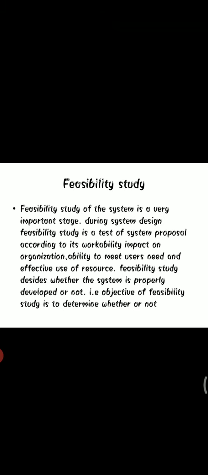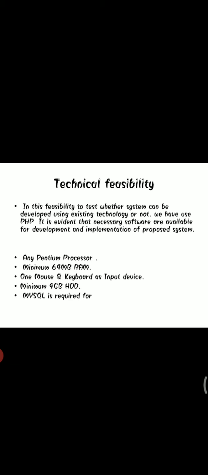There are many types of feasibility studies, such as economical feasibility, operational feasibility, and schedule feasibility. In technical feasibility, we test whether the system can be developed using existing technology or not. To check this, we use the PHP language to develop the software project.